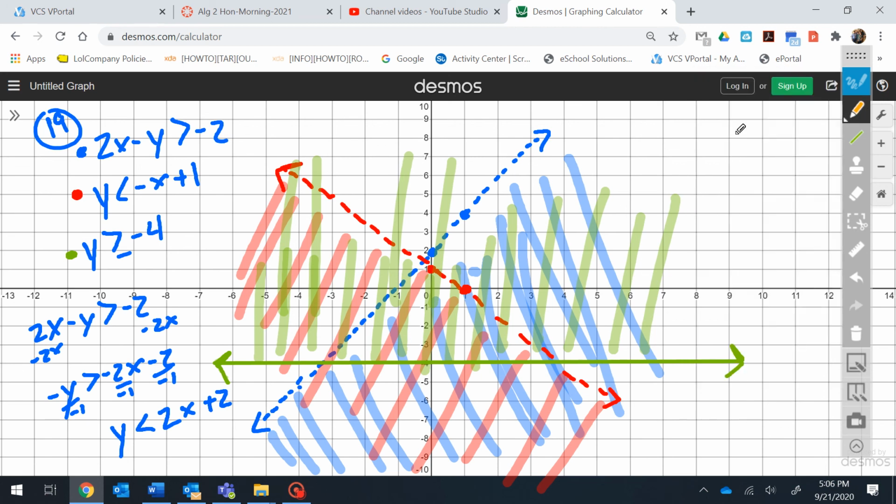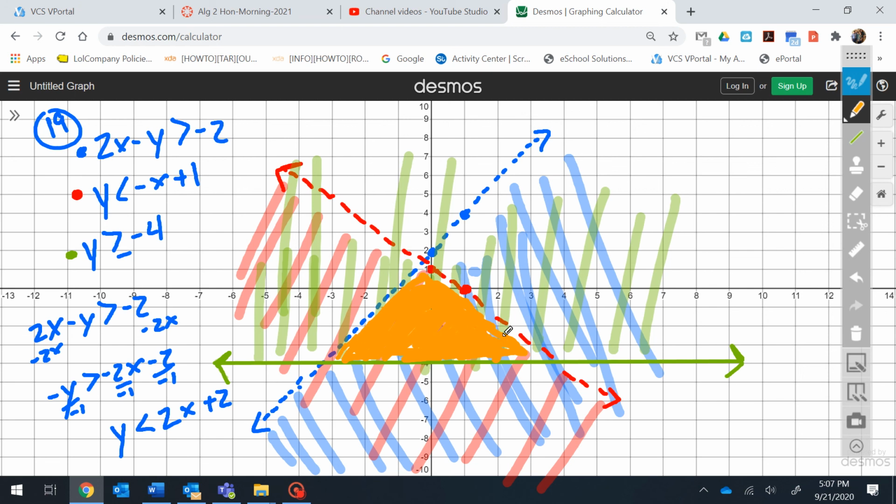It is this triangle right here where the green, blue, and red overlap. I'm going to need something thicker than that. This triangle here. Right here.